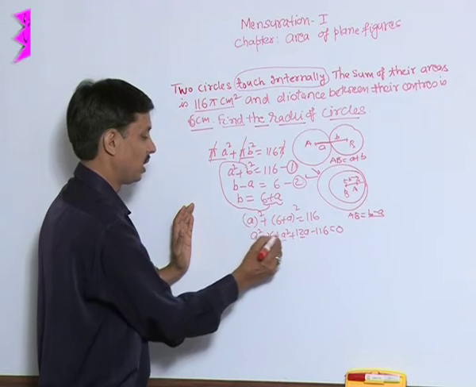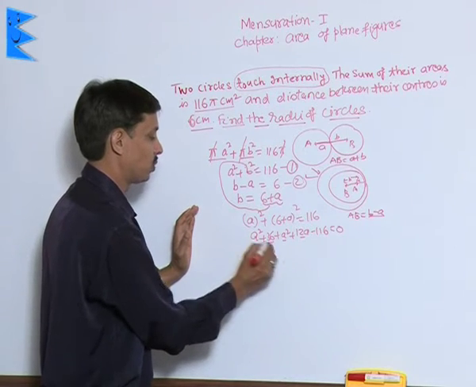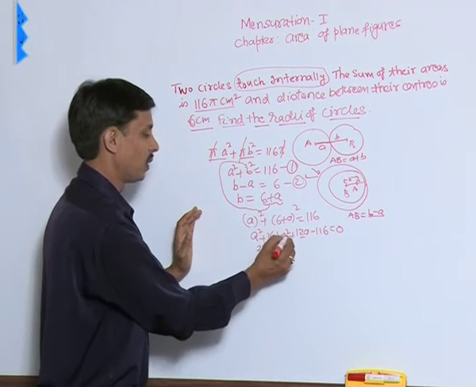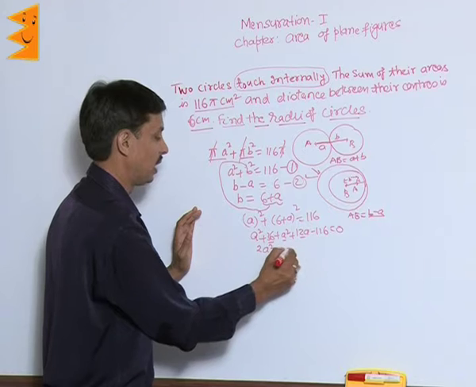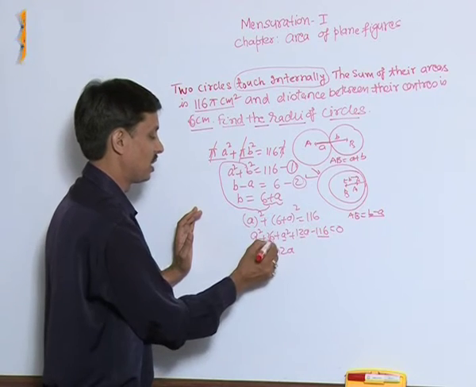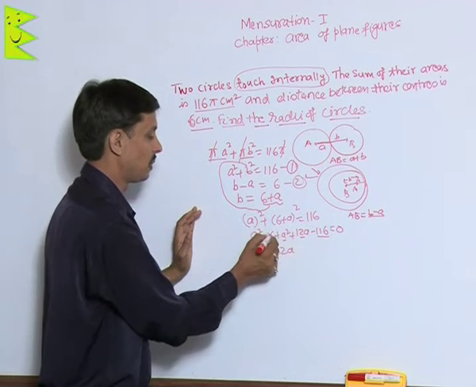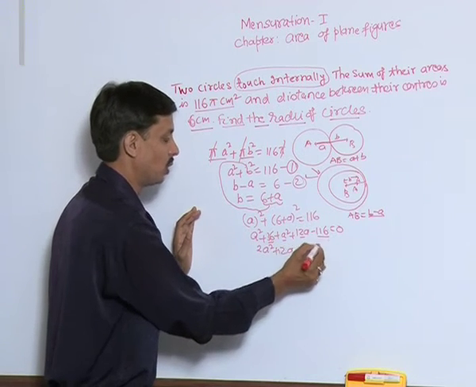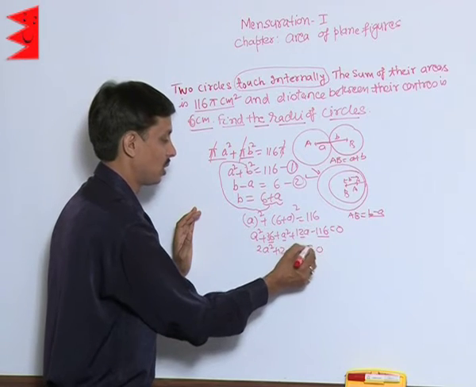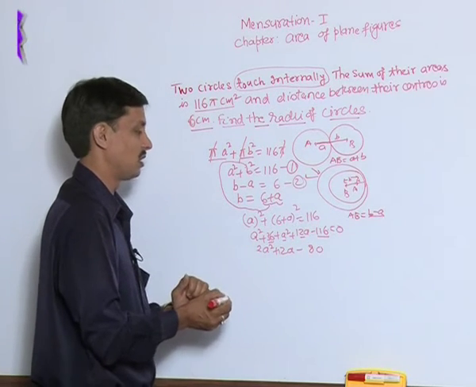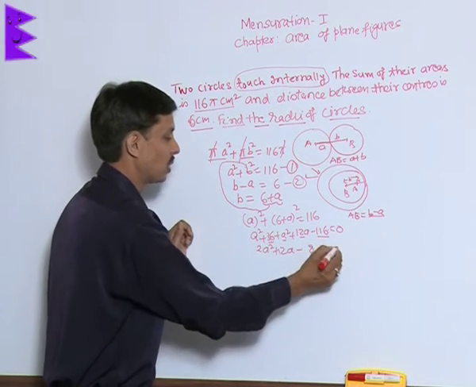Now we can say A square and A square is 2A square, plus 12A, and it is minus 116 plus 36. So that is minus 80, equal to 0.